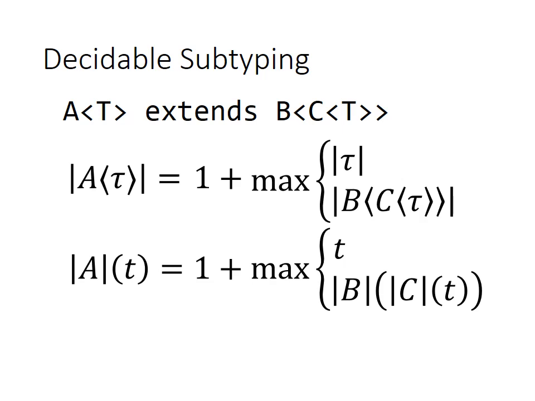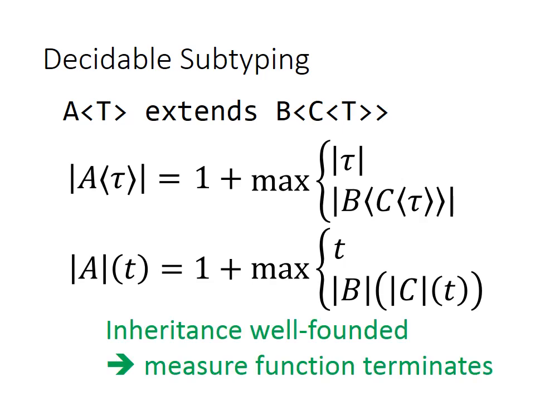And since those might in turn again use the function definition for A, this might lead to unbounded recursion. But for materials, we know that the inheritance relation is well founded, and therefore the size functions for B and C would also not depend on the size functions for A, and therefore the system of equations spanned by our measure functions will always terminate, giving us decidable subtyping on materials.